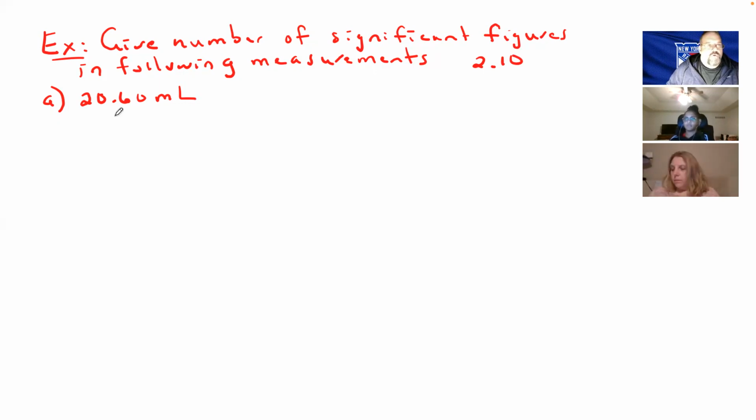The 0 in between the 2 and the 6 would be significant because all zeros between two non-zero digits are significant. And then the 0 after the 6 would be significant as well because it's after the last non-zero digit and it's to the right of the decimal point. So in this example, you would have 4 significant figures.